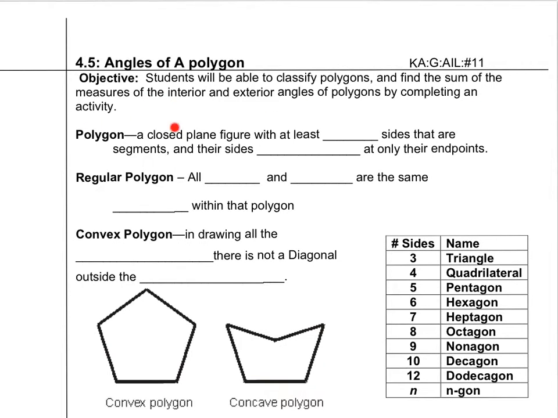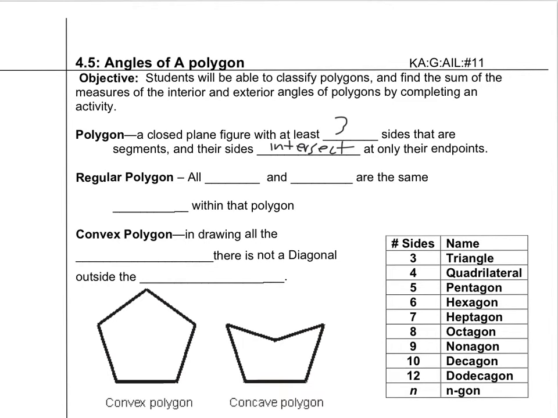Okay, polygon. This is simply a closed plane figure with at least 3 sides that are segments and their sides intersect at only their endpoints. It's basically just a fancy word for a shape, but it has to have straight lines as sides, no curves.